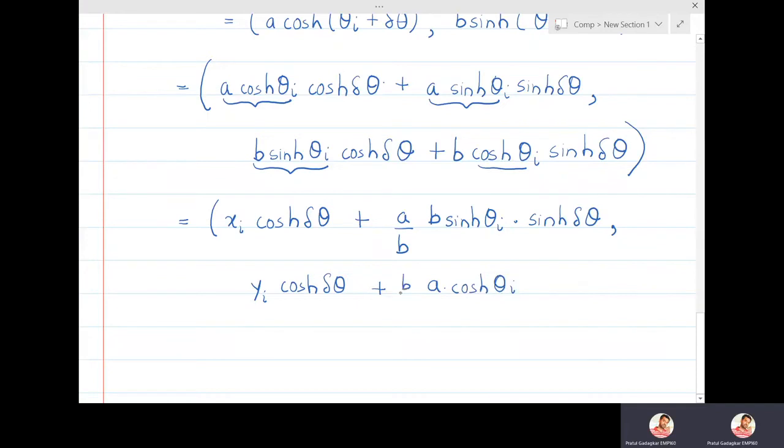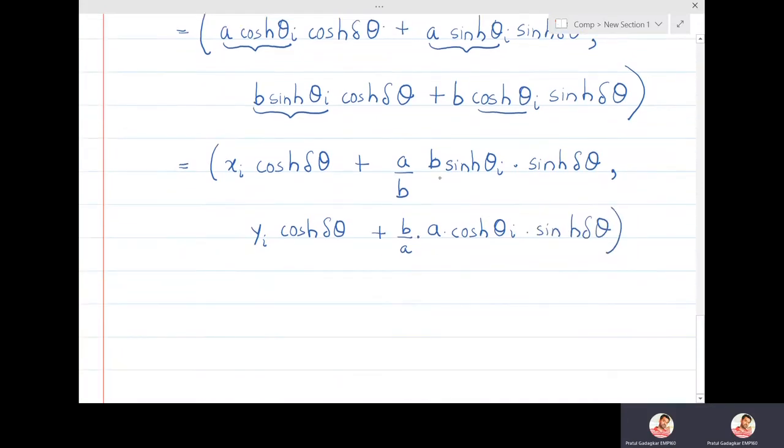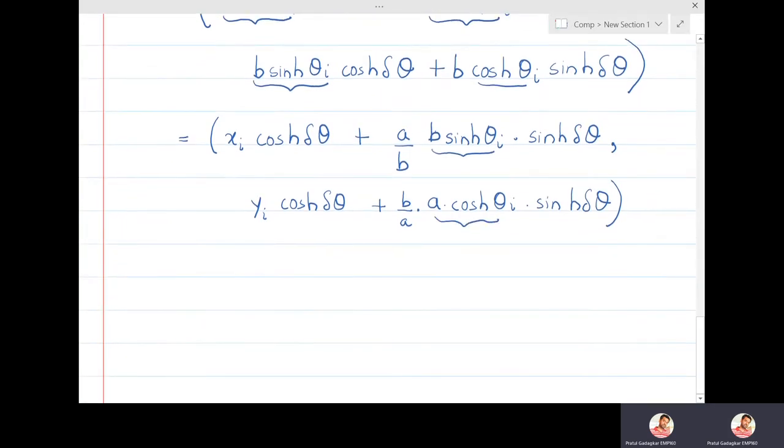This will become b upon a into sinh Δθ. Okay, why I did this? Because I know that this will become yi and this will become xi.